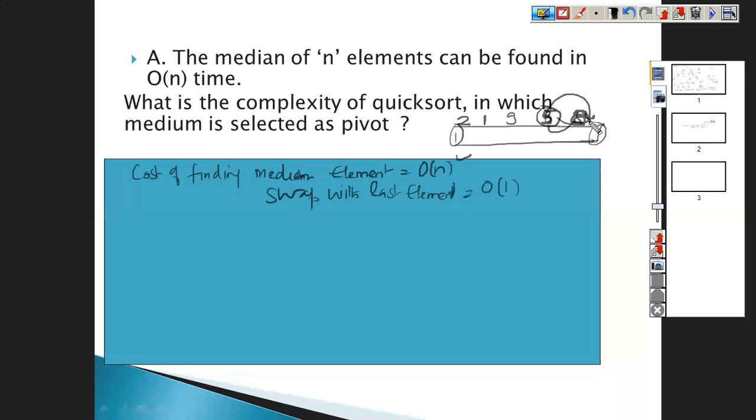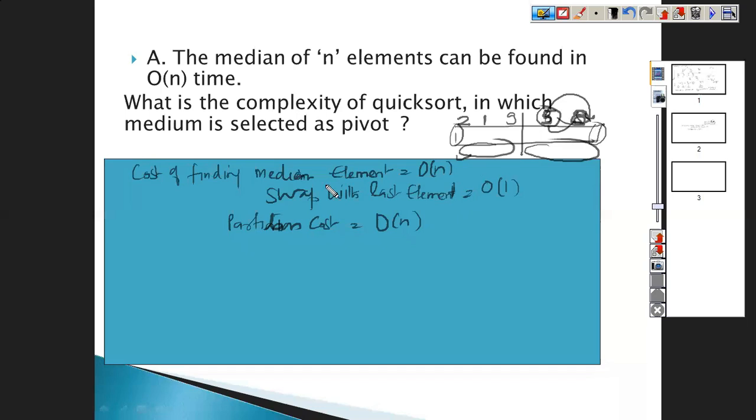You simply change the two values. Now you will apply the normal partition method. The partition cost will be big O of n. After the partition, you will get your array divided into two equal halves.